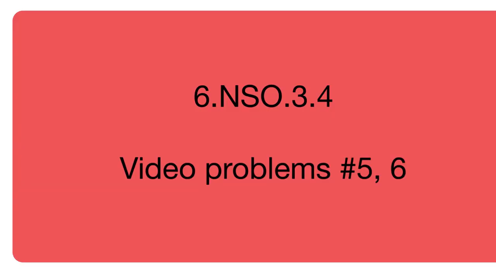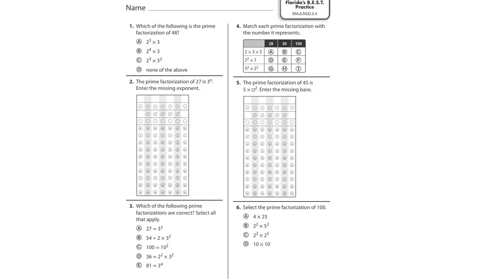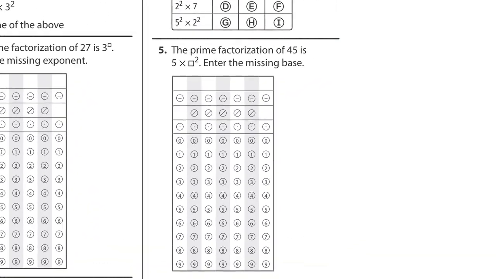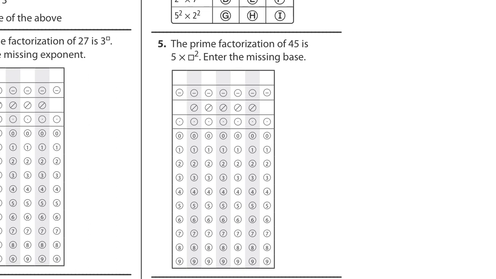Okay, now we're on the last page of this video, and it's going to be 6 NSO 3.4. 3.4, problems 5 and 6. Here we have problem number 5. The prime factorization of 45 is 5 times blank to the second power.